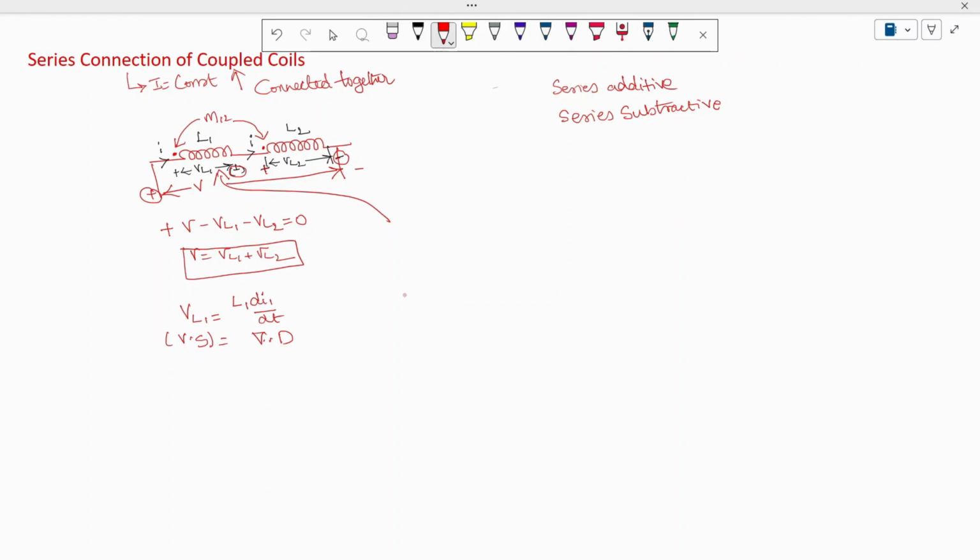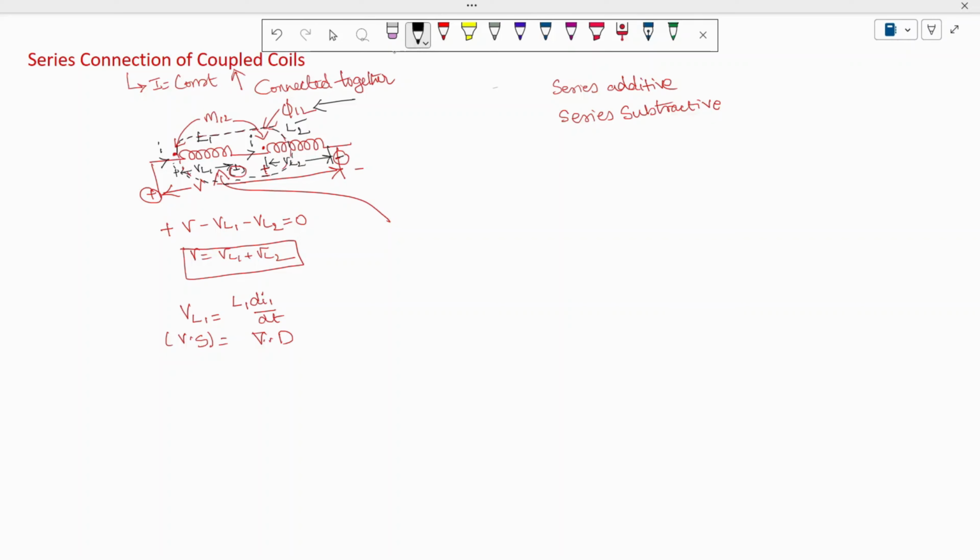This is the self-inductance, but there is also mutual inductance between coil 1 and coil 2. The flux which travels from coil 1 and links coil 2 is called phi 12.